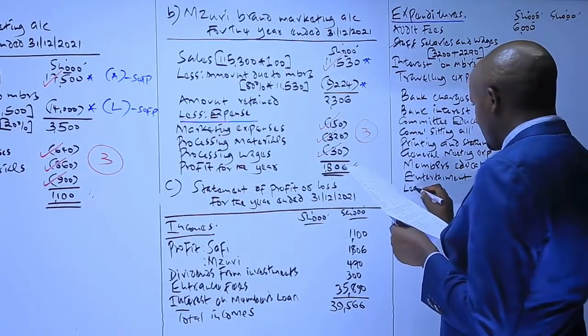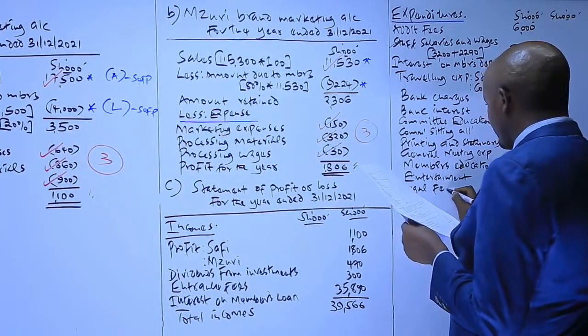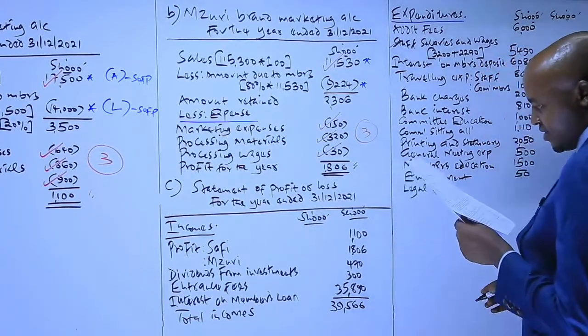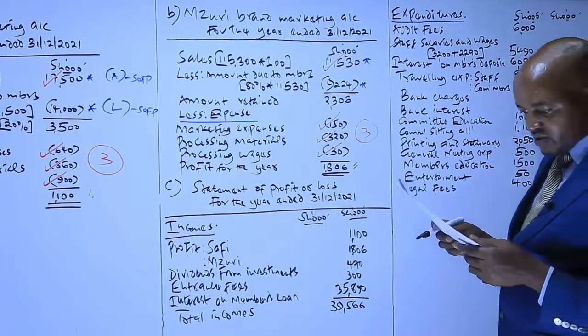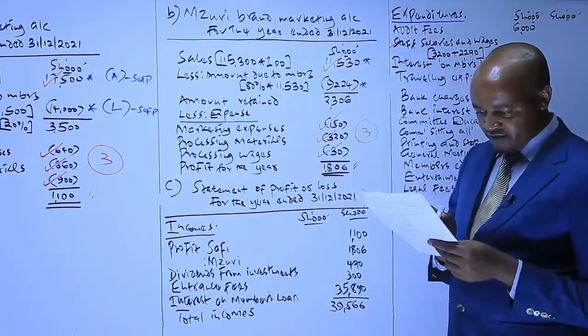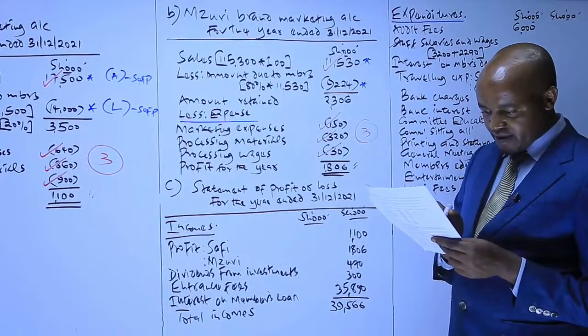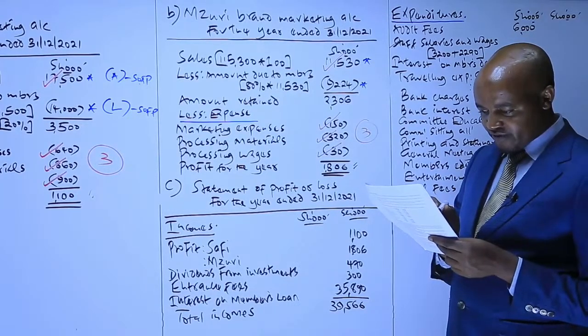And then next and finally we have the legal fees, which is a figure of 400. So those are, I think, the various expenses which relate to this cooperative society. I hope we have not skipped any.